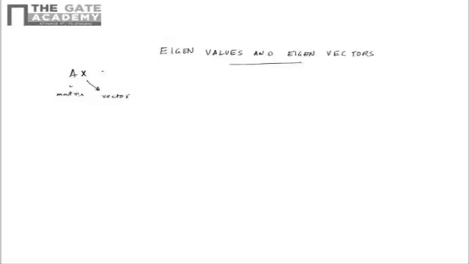If this vector operates on this matrix such that the result is some multiple of the same vector, that is, a constant times x. It can happen that for a matrix A there is a vector x such that when you multiply, you get a multiple of the vector. So the starting equation is this: Ax = lambda x.